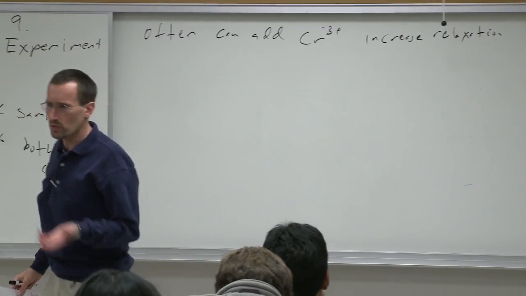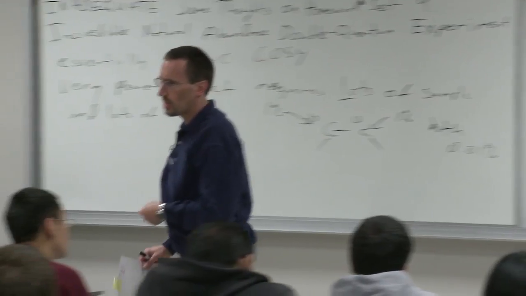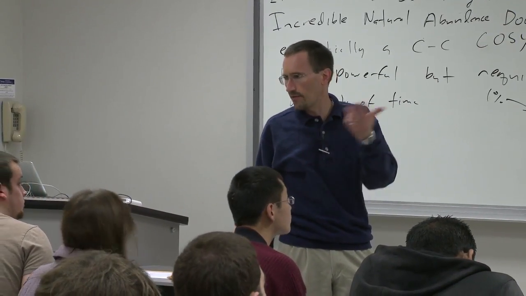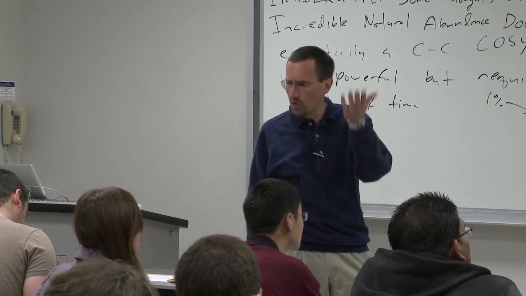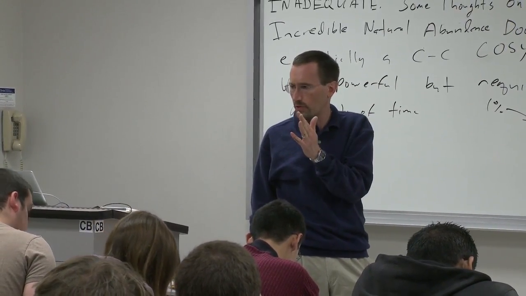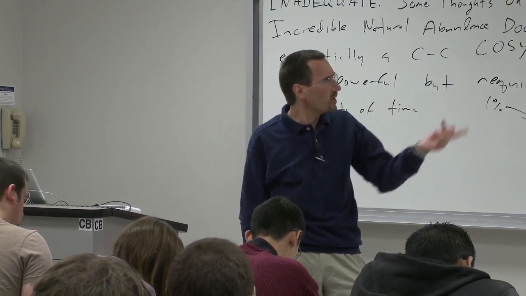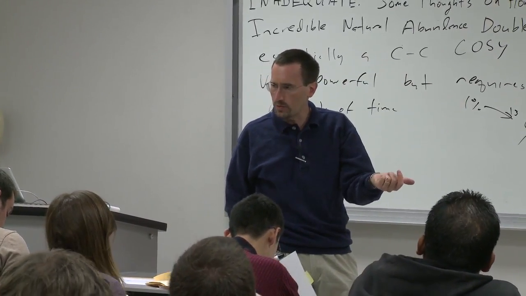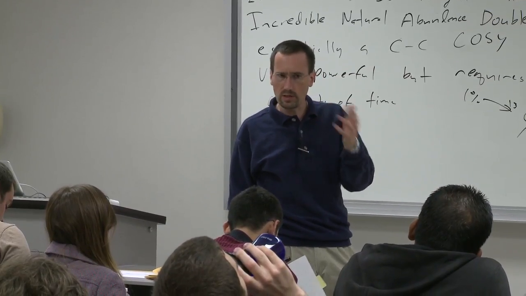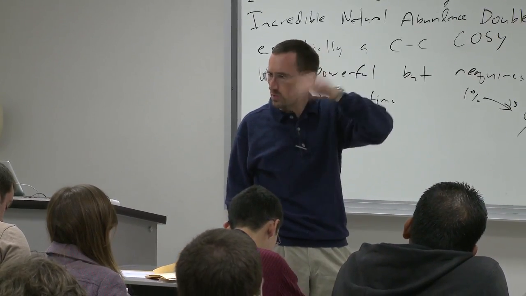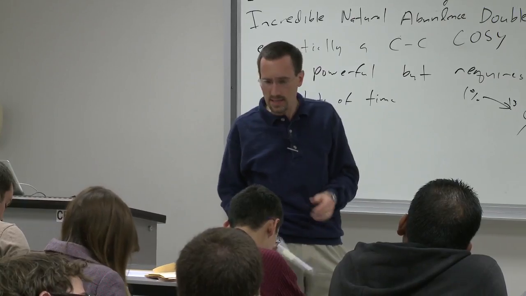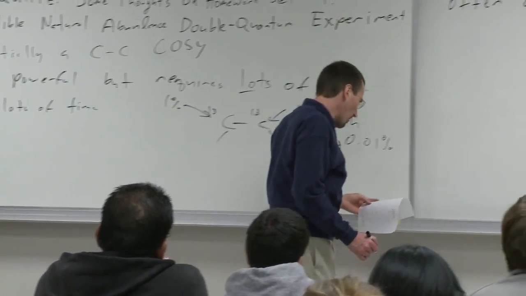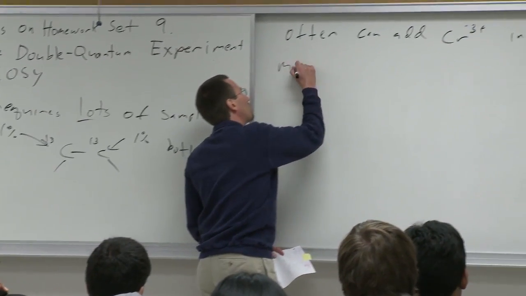The quat carbons are small because their relaxation time is typically on the order of milliseconds, and you're pulsing every couple of seconds, so most of your magnetization is not returning to the z-axis. So you can add a paramagnetic compound, a metal ion, that promotes relaxation. That's going to reduce the relaxation time, so the magnetization returns to the z-axis. That'll help you out a bit. But we're often talking many hours or days.